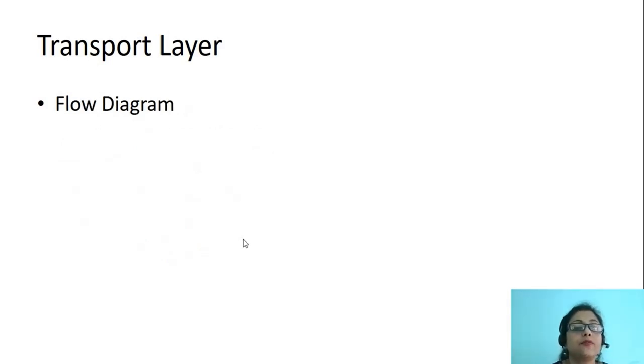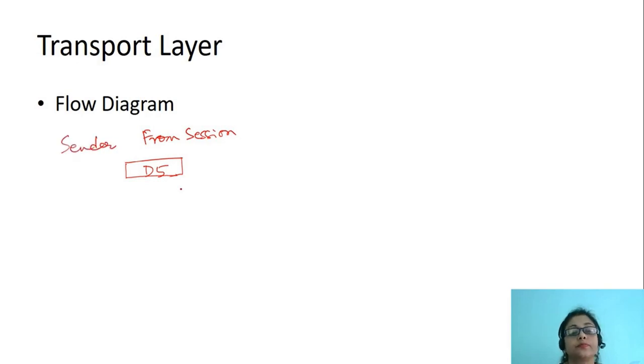Let us understand the flow diagram of the transport layer. Transport layer is the fourth layer of the OSI model. So it will be receiving data from the session layer, which is D5. Suppose this is the sending station.